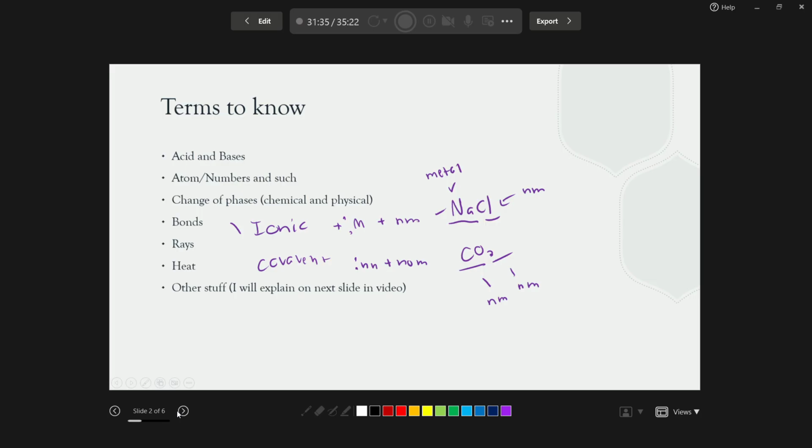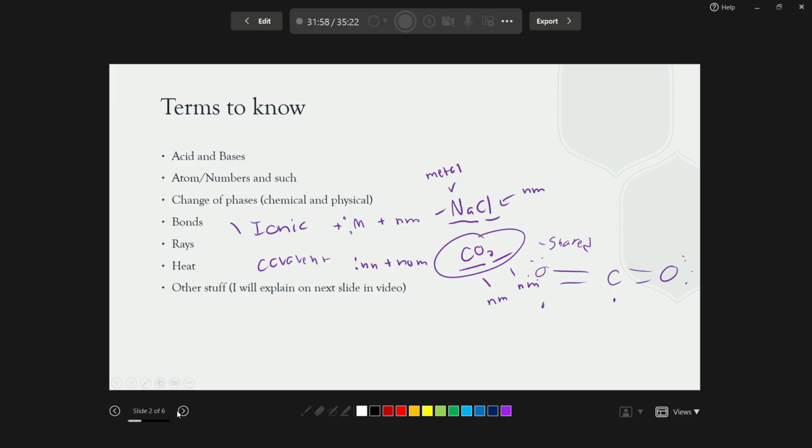The reason this is different is that covalent bonds share electrons, which I already showed you with the little dashes. The bar signifies a sharing of electrons between both elements involved.